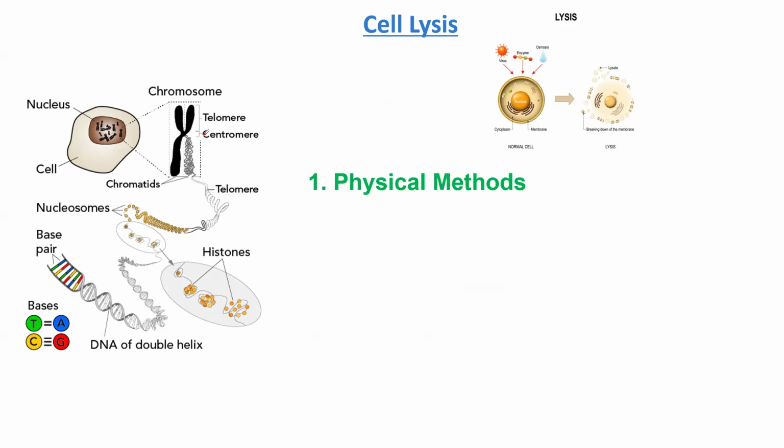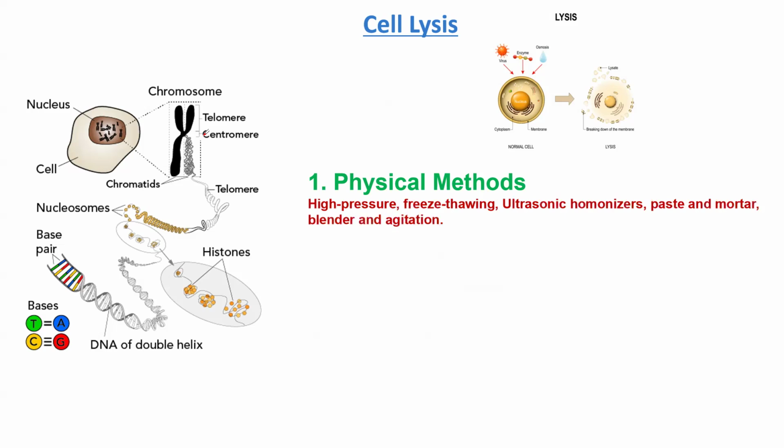The first step to break down the cell membrane or the cell is you can use a physical method. For example, you can use high pressure, or freezing and thawing, or ultrasonic homogenizers.